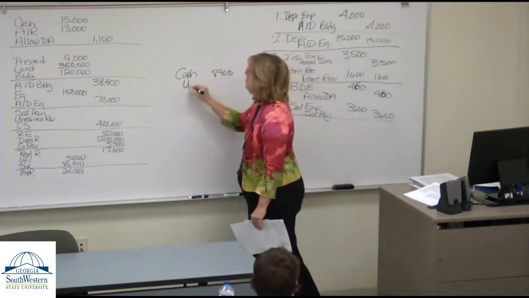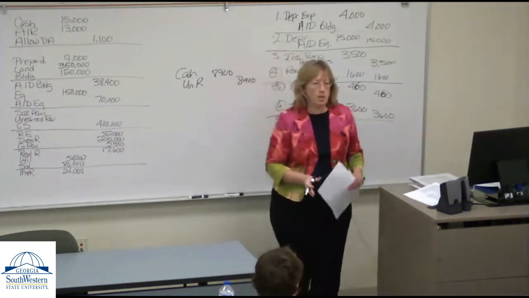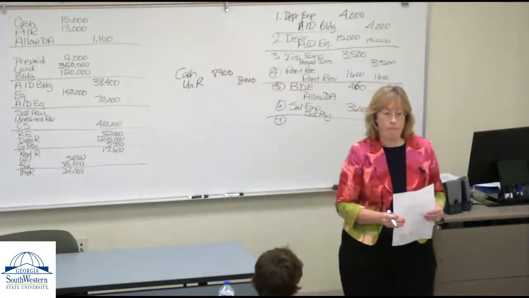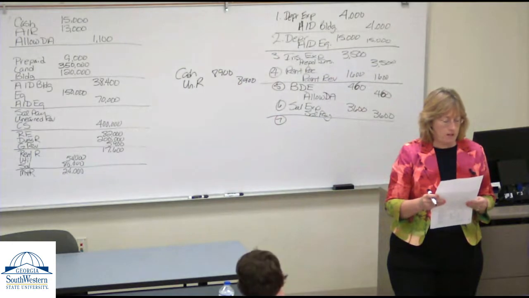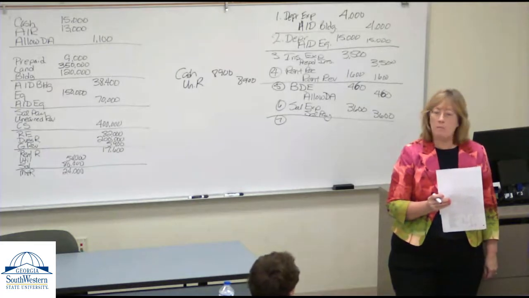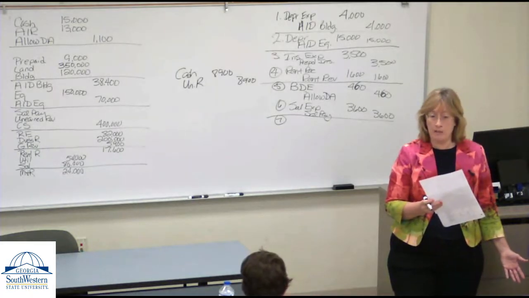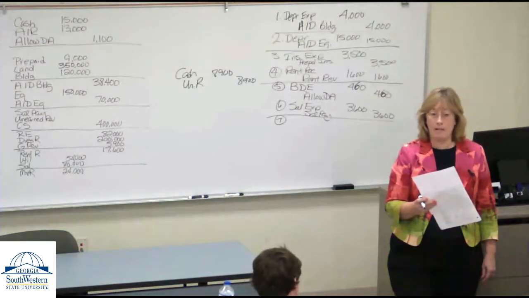So she should have done unearned revenue, 8,900. Is that what she did? Look and see. Is there an unearned revenue there? No. It'd be in the liabilities, right? There's no unearned revenue. So she did not do that.